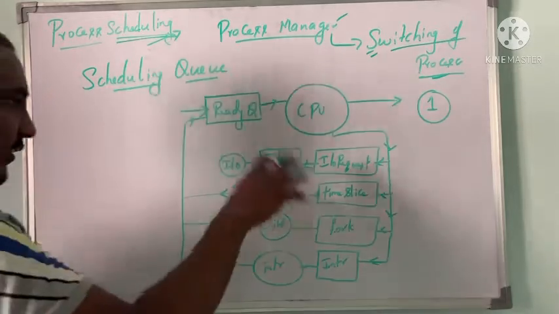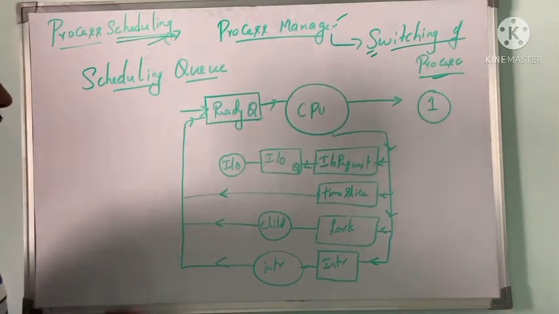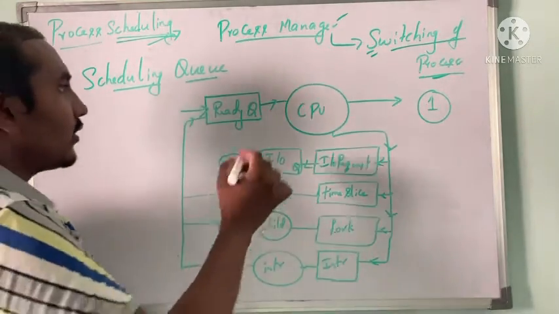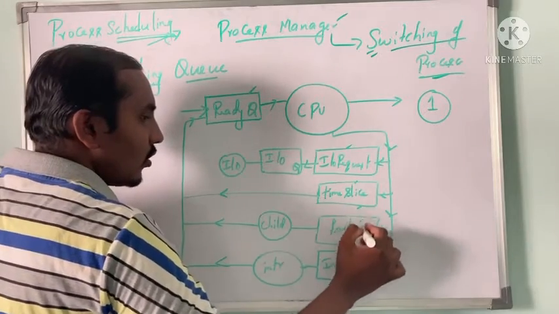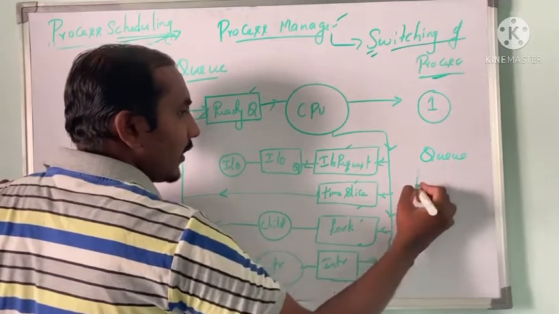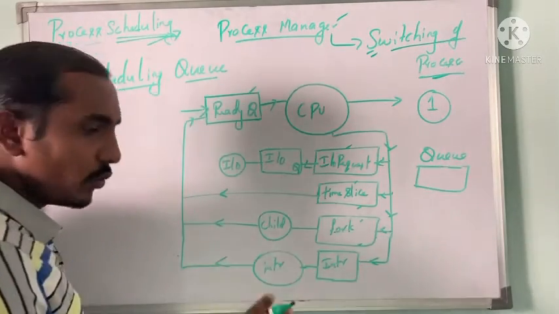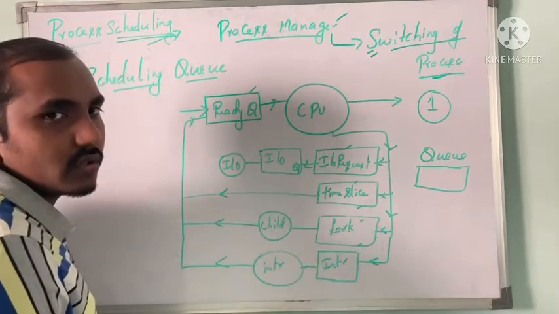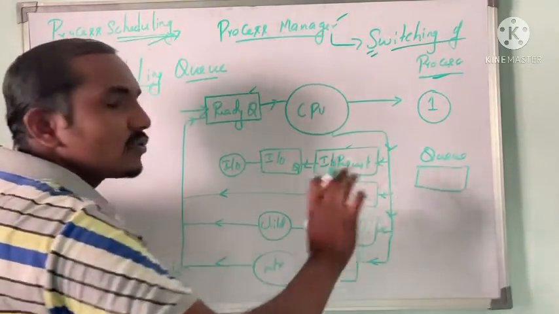We will start with this diagram, and with its help see what a scheduling queue is. I will first explain what these are. Whatever you see as a rectangular box is called a queue. A queue is a memory location where the process will be stored.